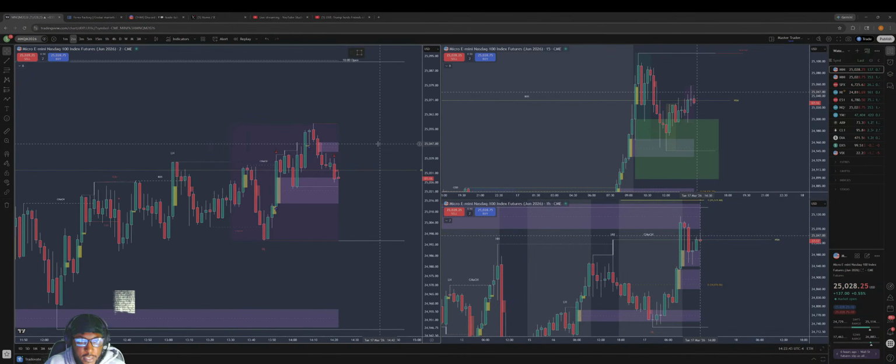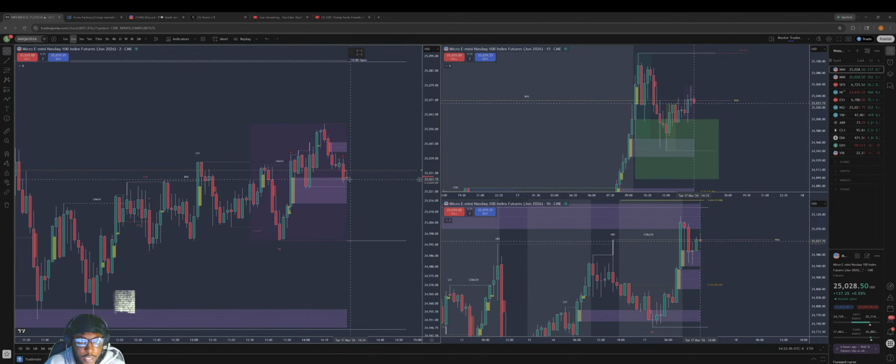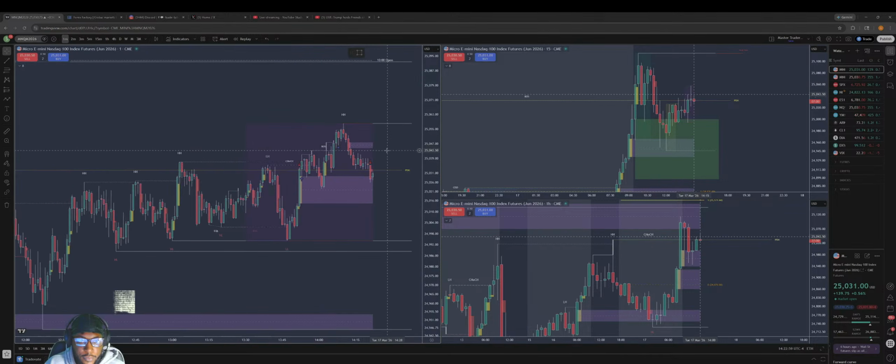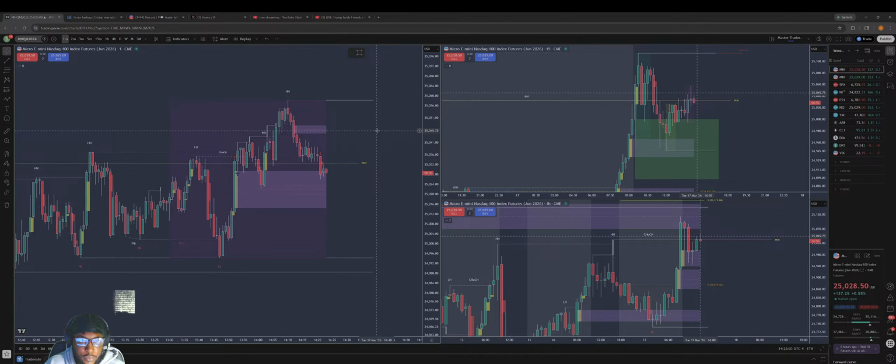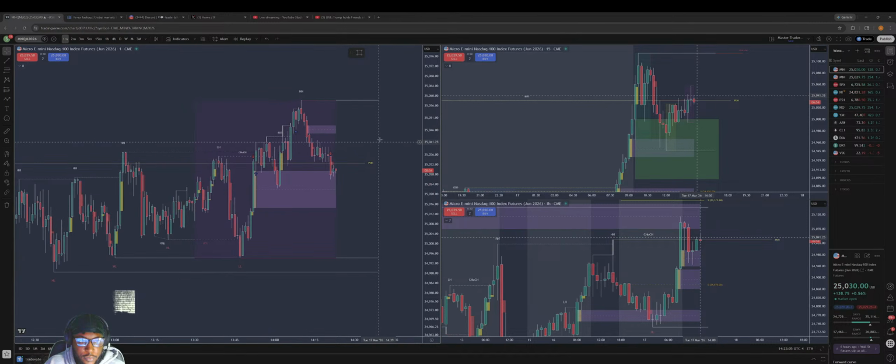But yeah, like I said, let's say we were still long. We would want these buyers to hold these lows right here. You don't want the buyers to hold right here, but I don't know.